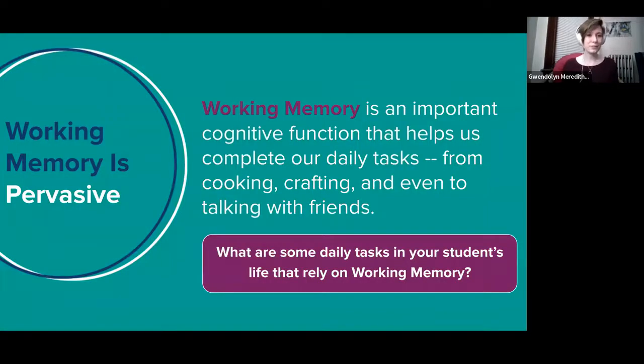The one really important fact about working memory, there's so many, is that it is pervasive, which means that it is a cognitive function that helps us with almost every single daily task, from cooking, making coffee, crafting, and talking with friends. Anything that requires you to complete a task is probably going to take you through your working memory.